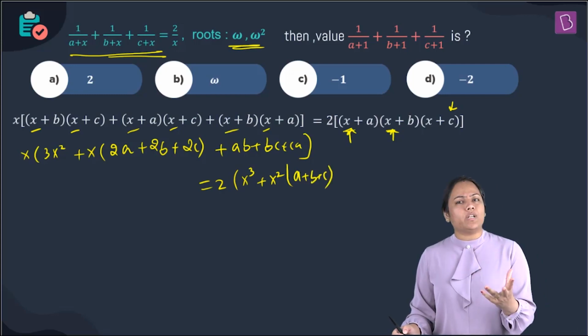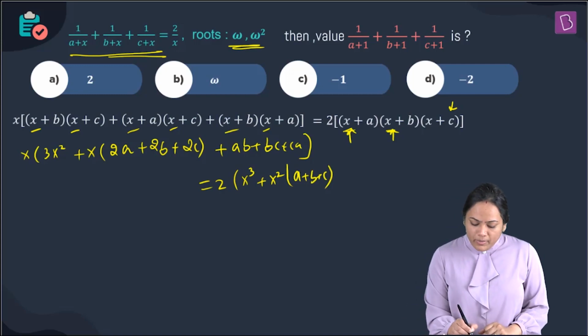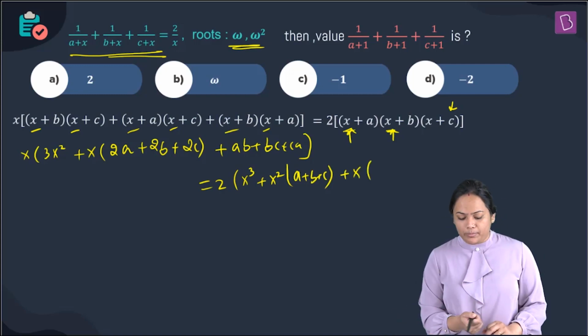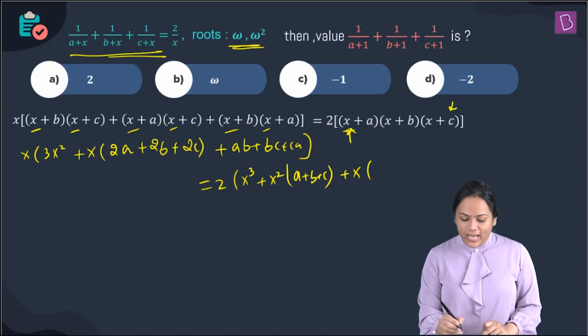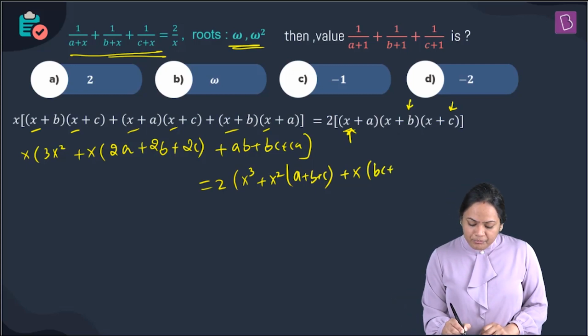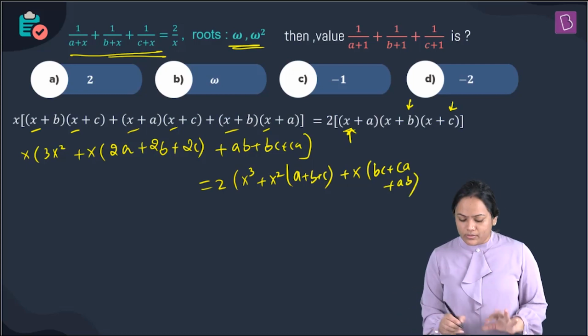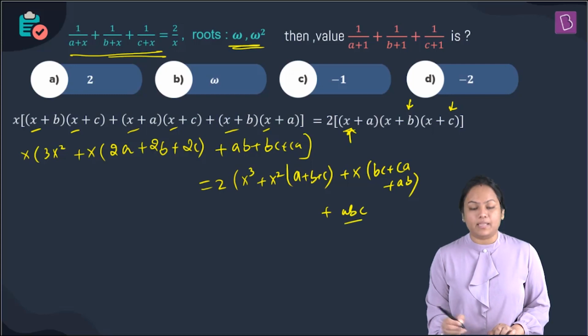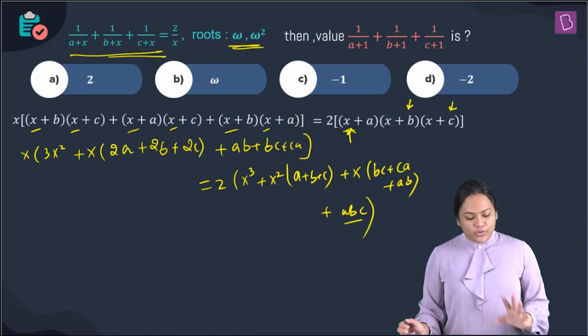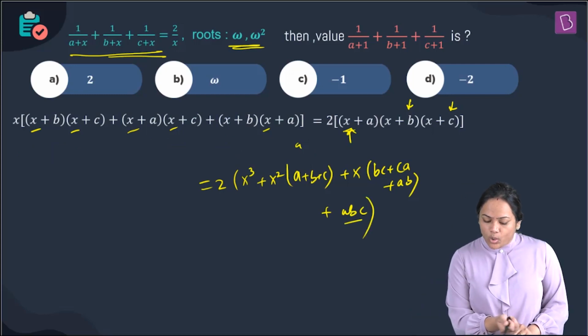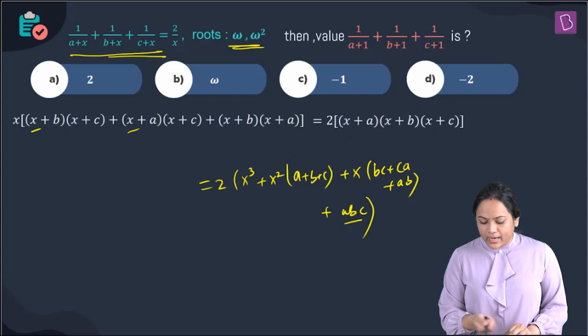Then comes the question, what is the coefficient of x? So my coefficient of x actually will become, when I multiply x and constants in the rest of the two brackets, BC plus CA plus AB, and then I have the constant term, that is plus ABC. Clear?